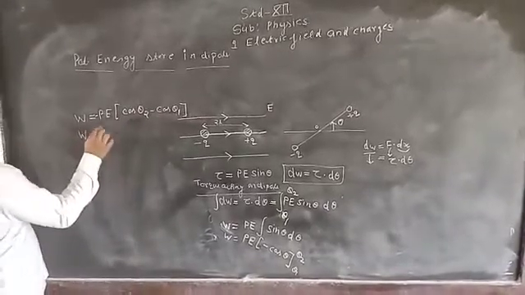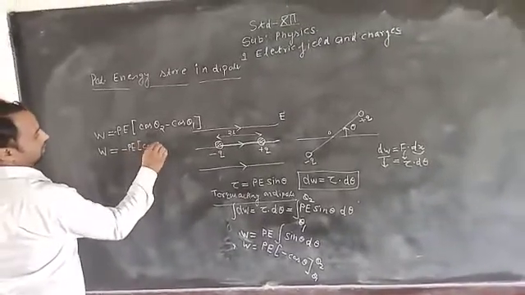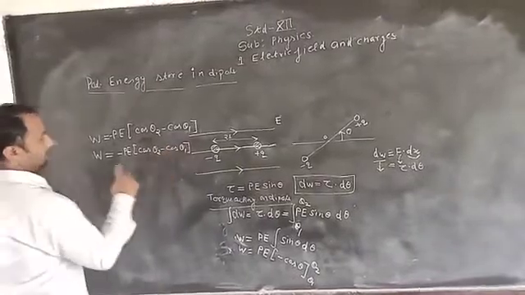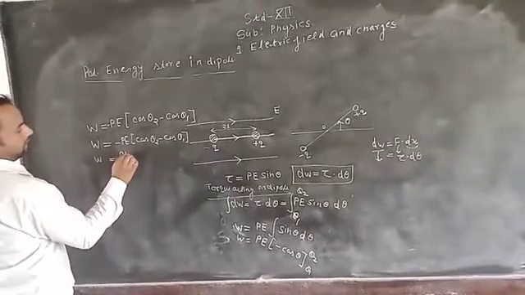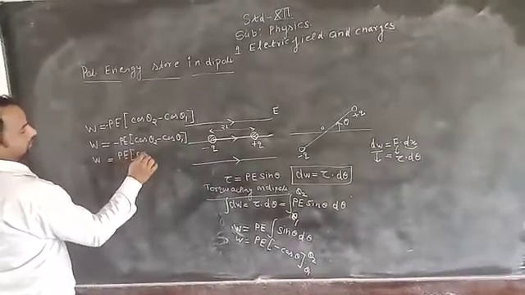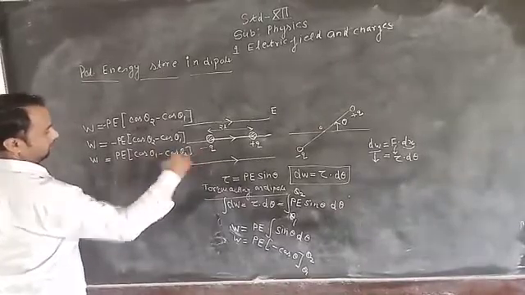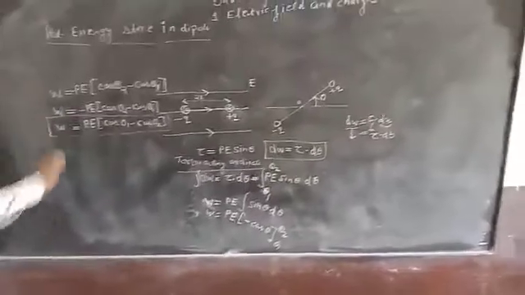And the net value of the work done is minus PE times cos theta 2 minus cos theta 1. The minus sign we have to multiply here. So here we see that the work is PE times cos theta 1 minus cos theta 2. This is the formula we have to remember for the work done.